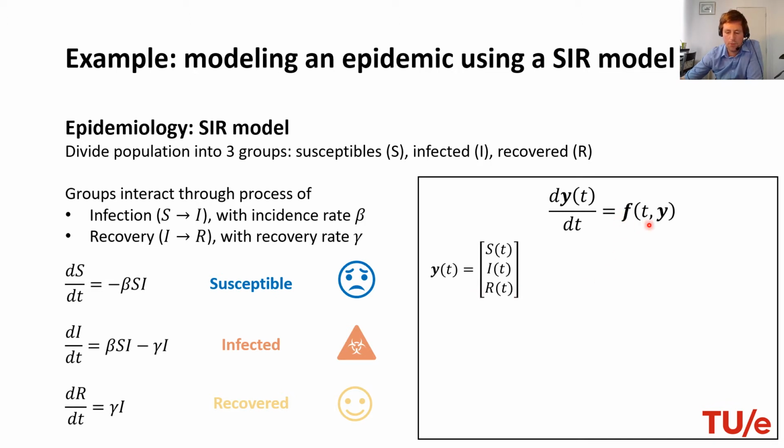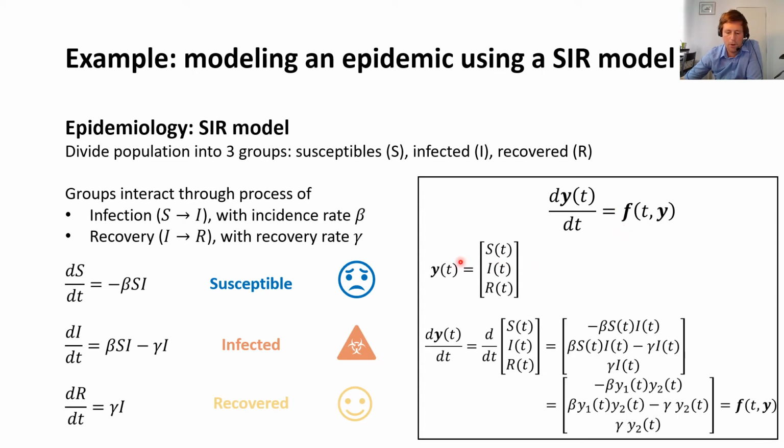Now we have to write what this function f is in terms of the components of y, and we can basically just take the derivative of y, which is the derivative of each of the components. We fill in what these derivatives actually are.